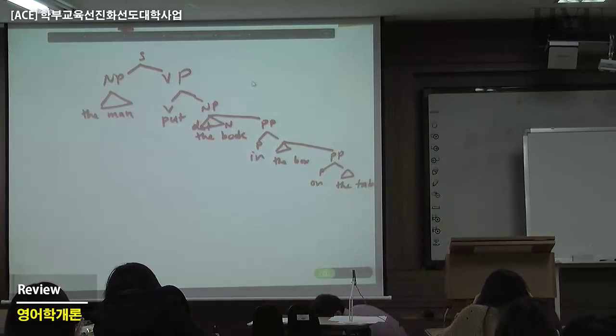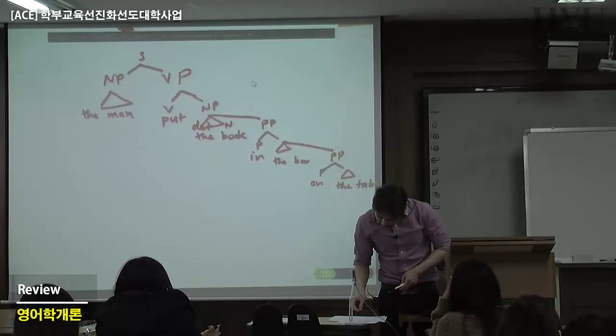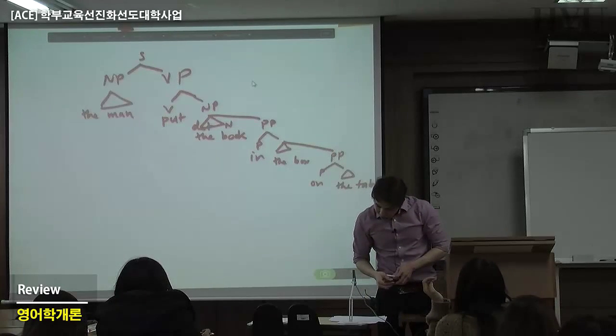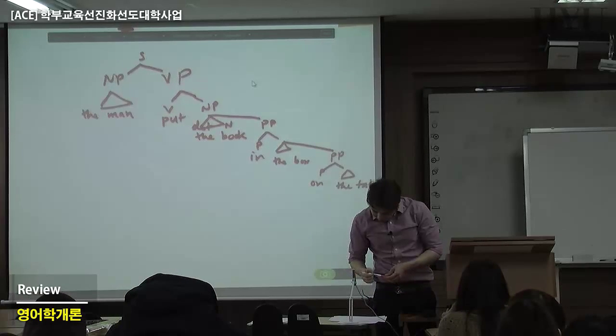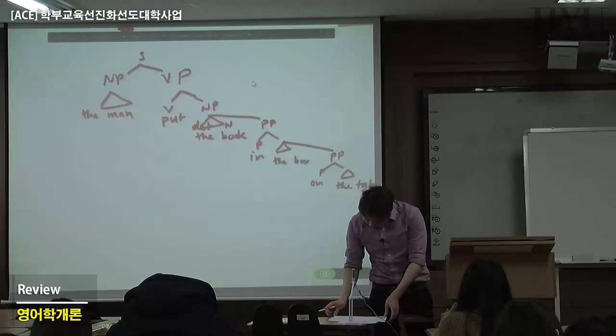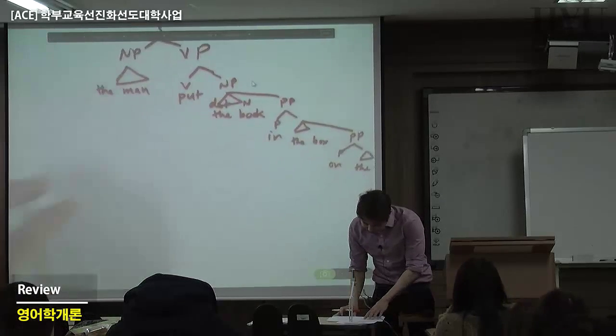So that's the first one. The second one is where we put the book in the box on the table.